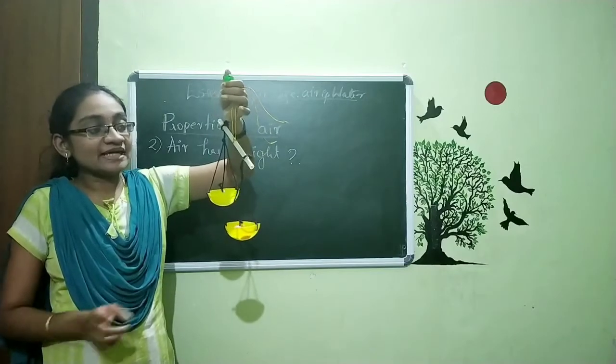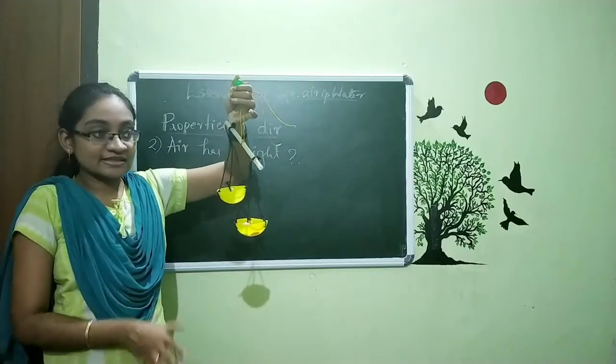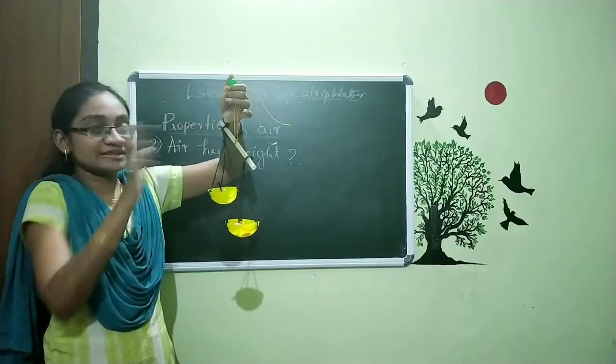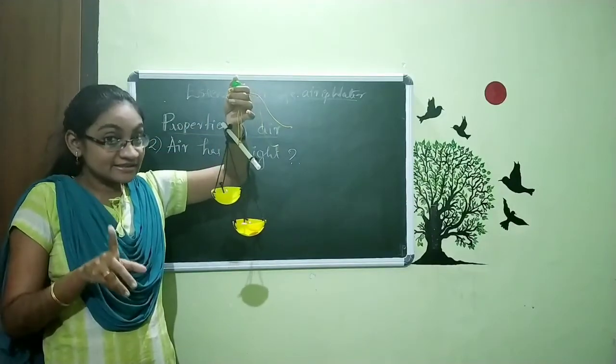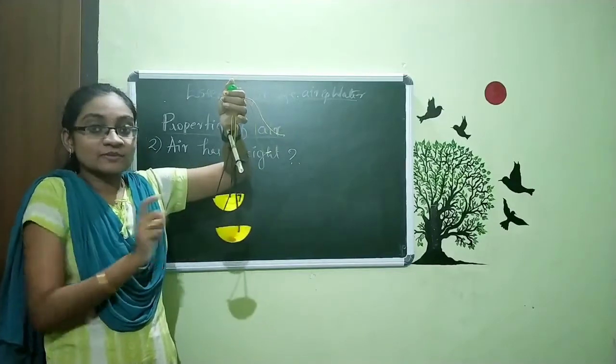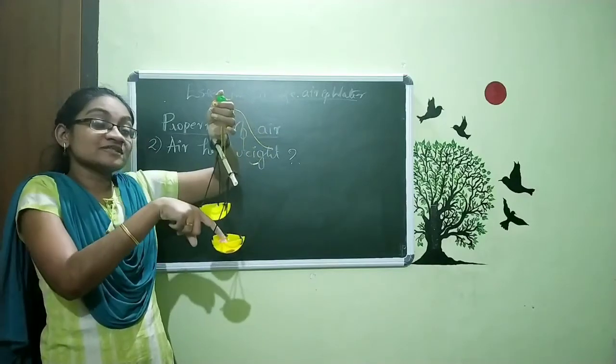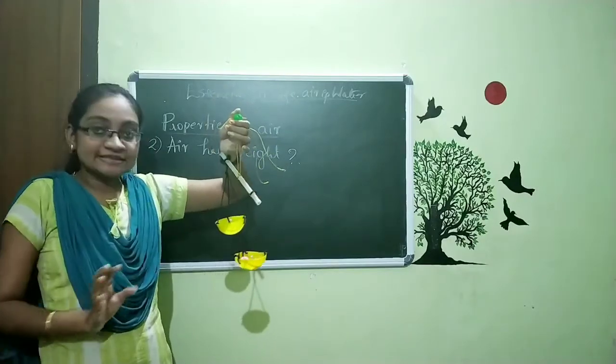Now you can see that this plate is at the bottom side. That means this stick is now tilted. Why? The reason is this: now here nothing is there, but here we put some balls. That means because of the weight of the balls, it is getting tilted.